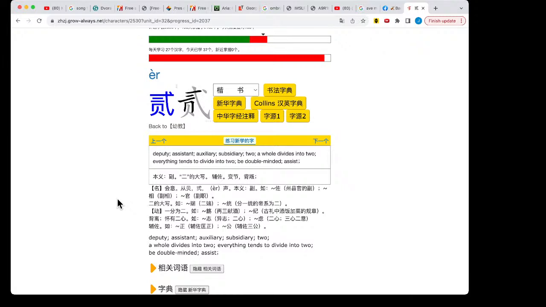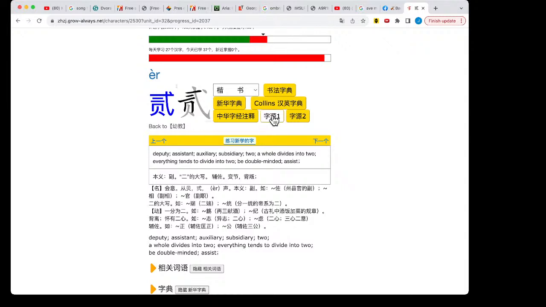We don't say 二校长, we say 副校长. So 贰 as deputy or assistant was only used in ancient times, not nowadays. Nowadays we use this character to mean two, in the same way when writing checks, because the simplified 二 is too easy to make fraud.